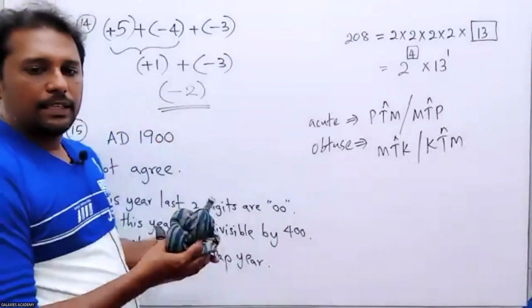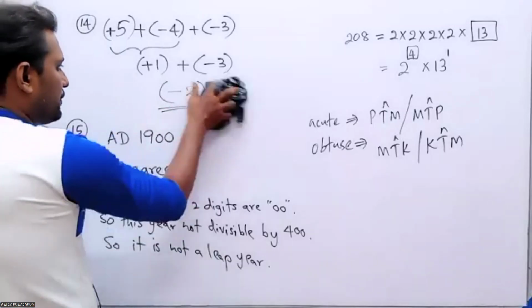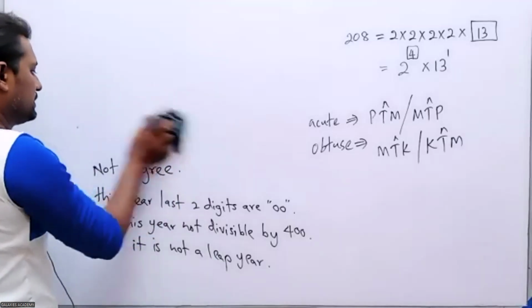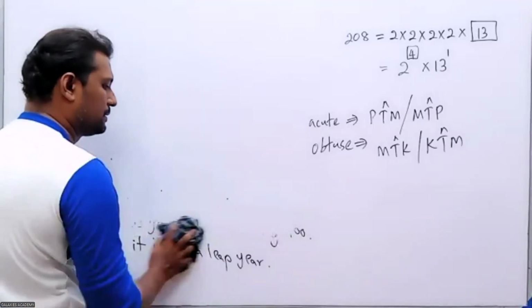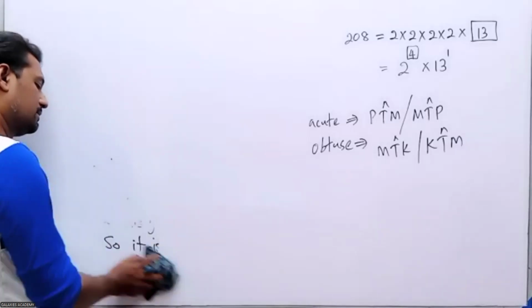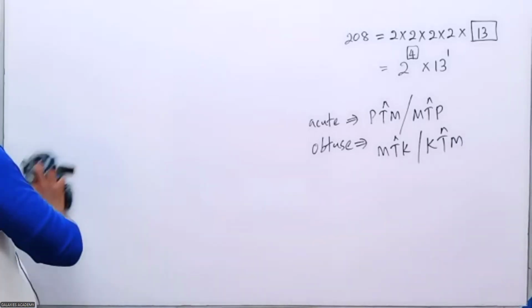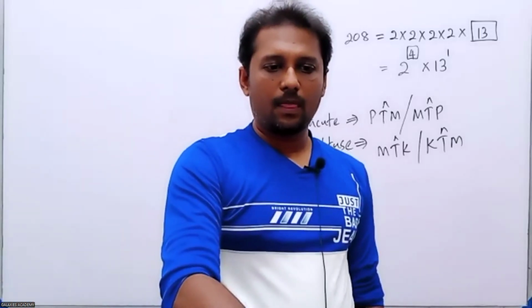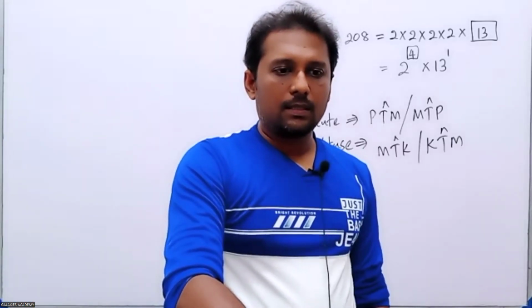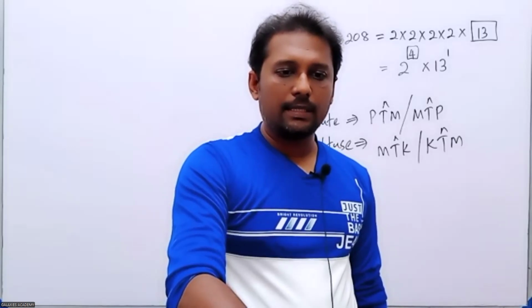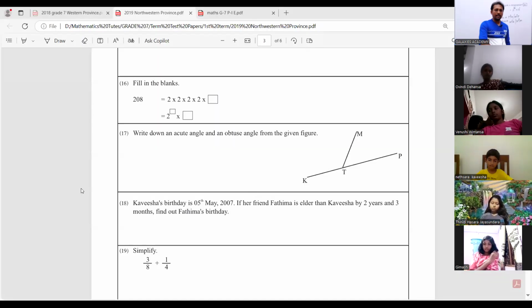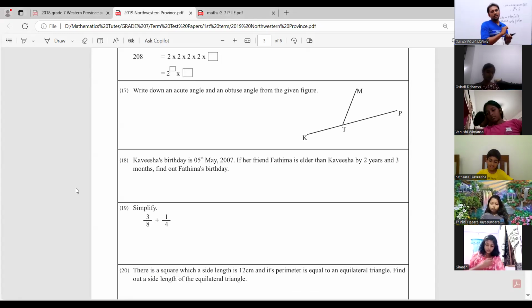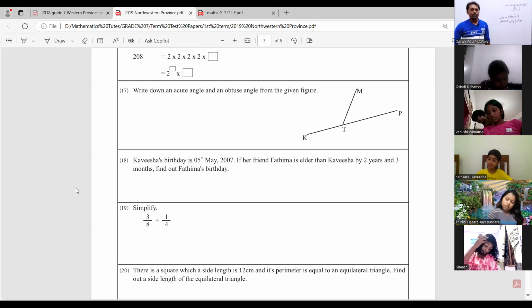Right, then another 3 questions remain to discuss of this first part of the paper. Number 18. Havish's birthday is 5th May 2007.